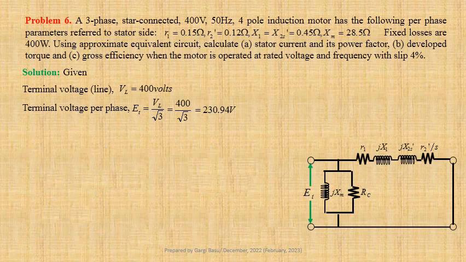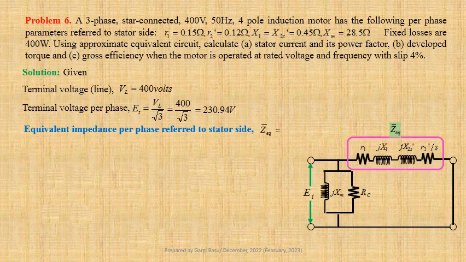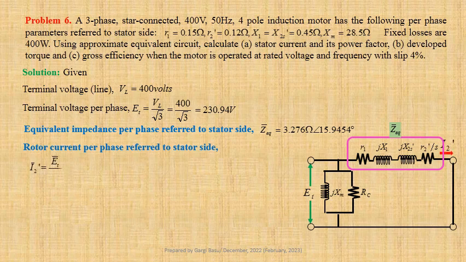We have obtained equivalent impedance per phase referred to stator side, ZEQ, equals 3.276 ohm at an angle 15.9454 degree. Expression for rotor current per phase referred to stator side: I2 dash equals ET divided by ZEQ.